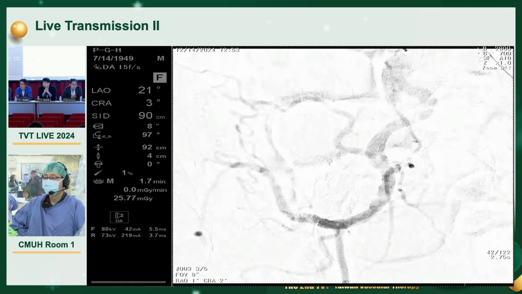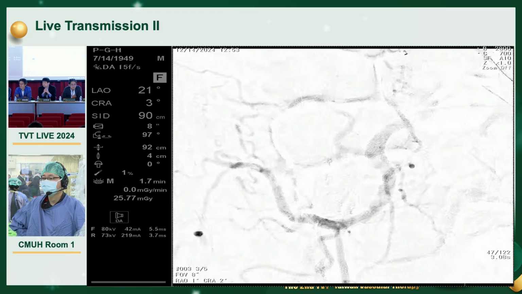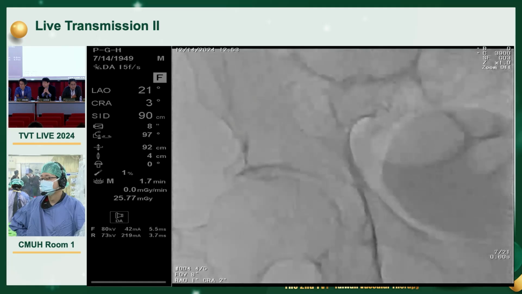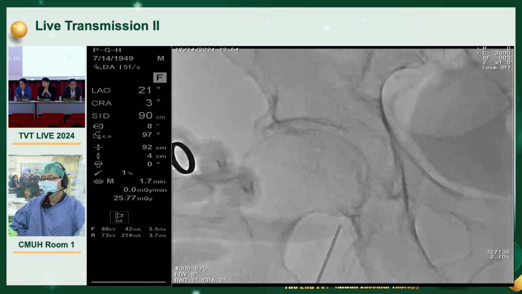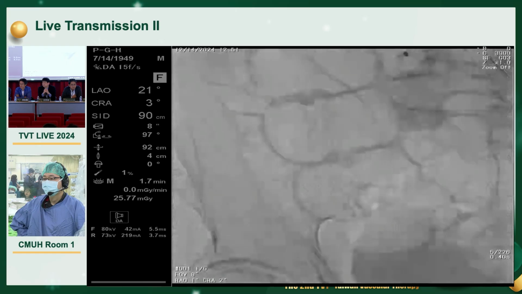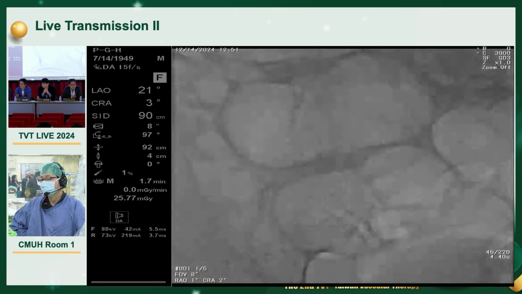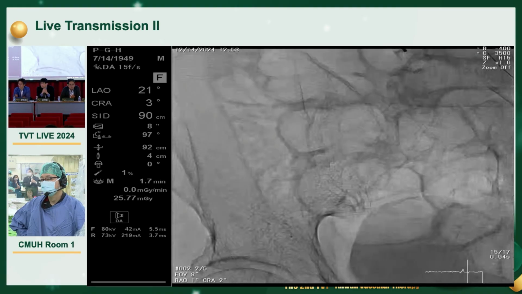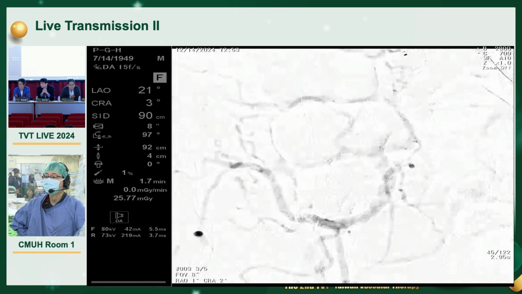So anyway, I punctured the right common femoral artery under the contrast.